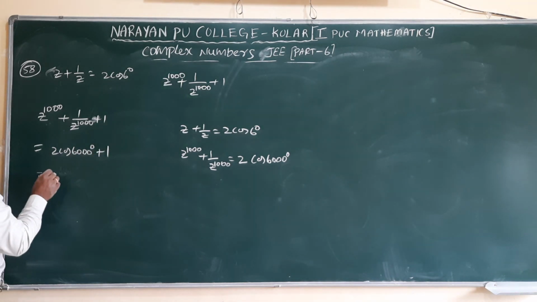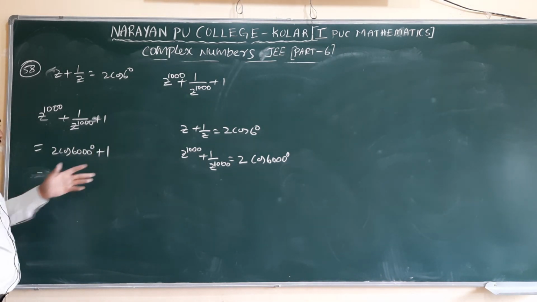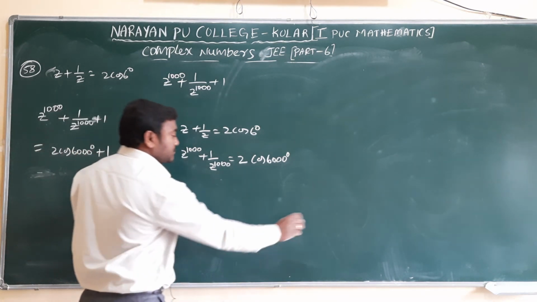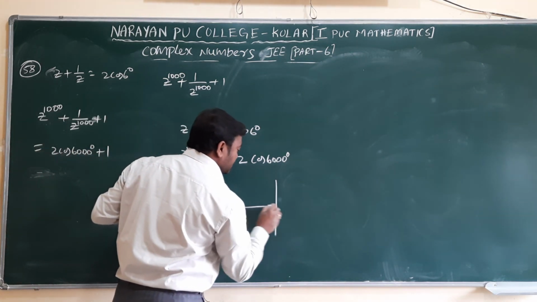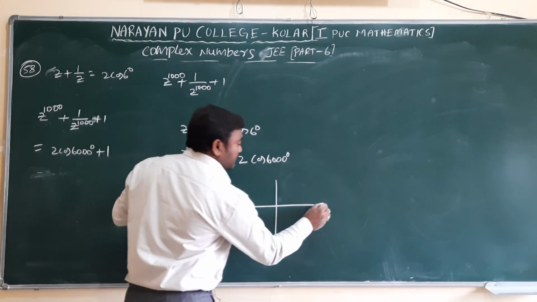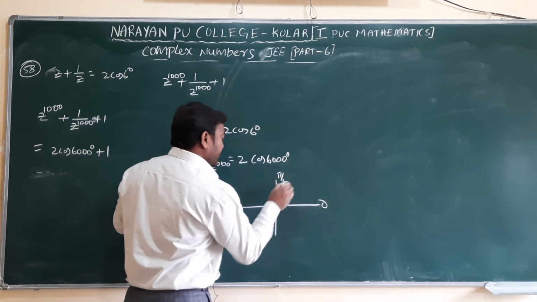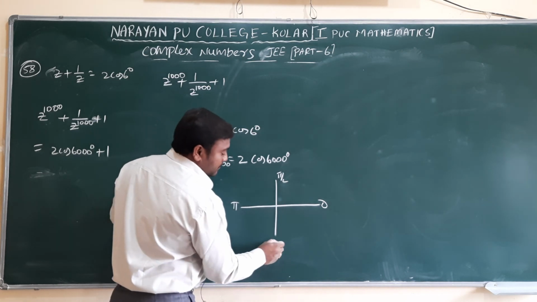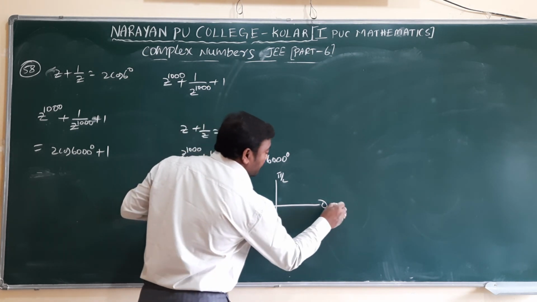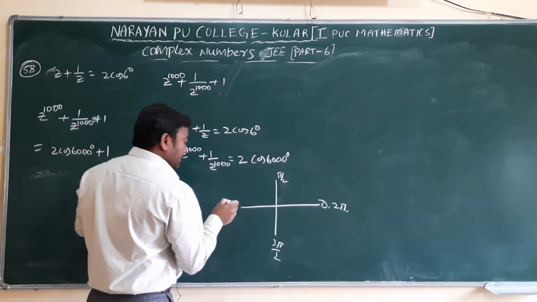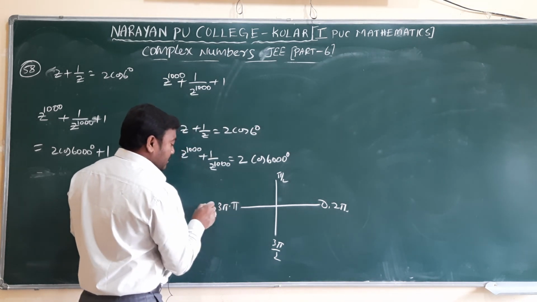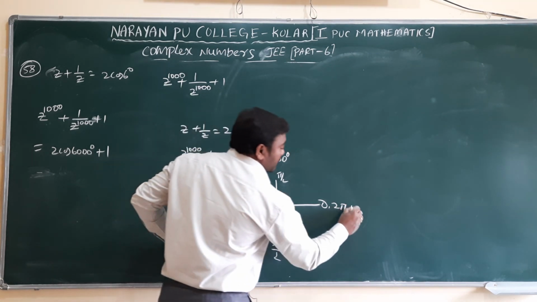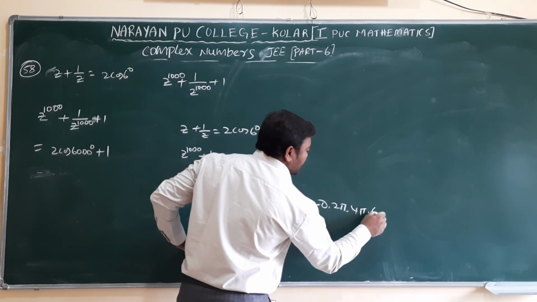Already we know that in trigonometry, 0, pi by 2, pi, 3 pi by 2, 2 pi, again 3 pi, 5 pi, 4 pi, 6 pi, like this.